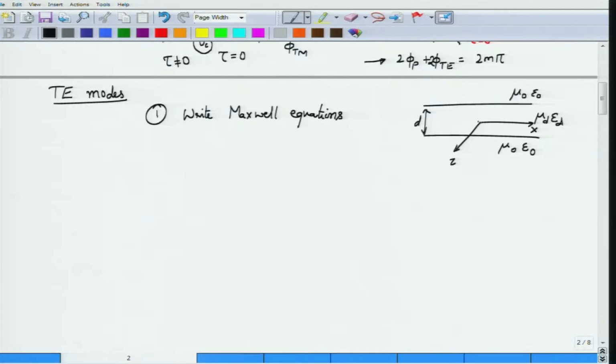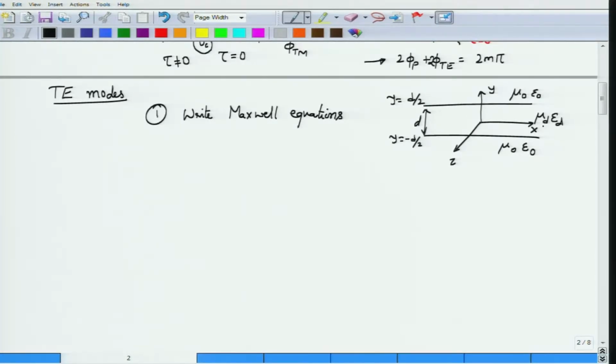Okay. We set the coordinate system at the center and call the axis along which you have the two interfaces the y axis. Okay. So you have the top surface at y equal to d by 2, the bottom surface at y equal to minus d by 2, okay, and the wave is propagating along z.